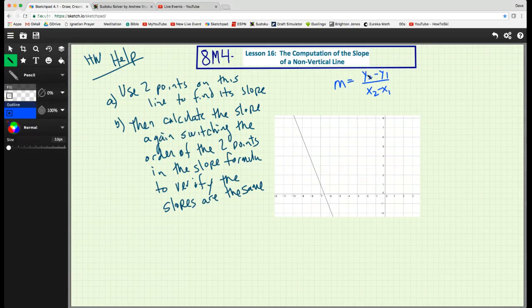Do it both ways. Let's see what happens. Okay, I'm assuming now that you are paused and you tried. Okay, well, there's only 2 points. Now let's go and solve this. Let's do A. There's only 2 points that I've identified that are actually neatly on a boundary, and that's these 2.